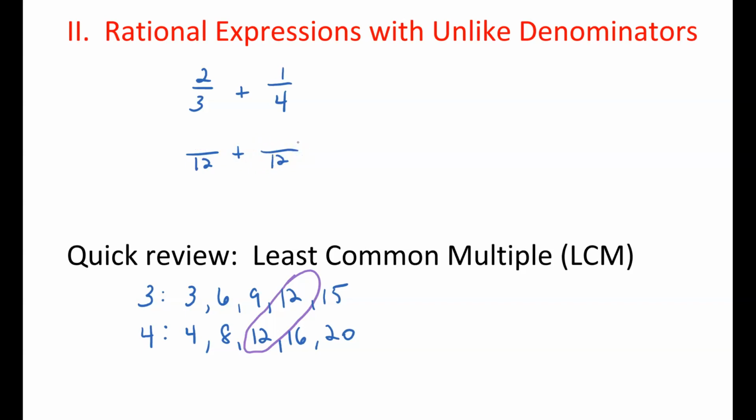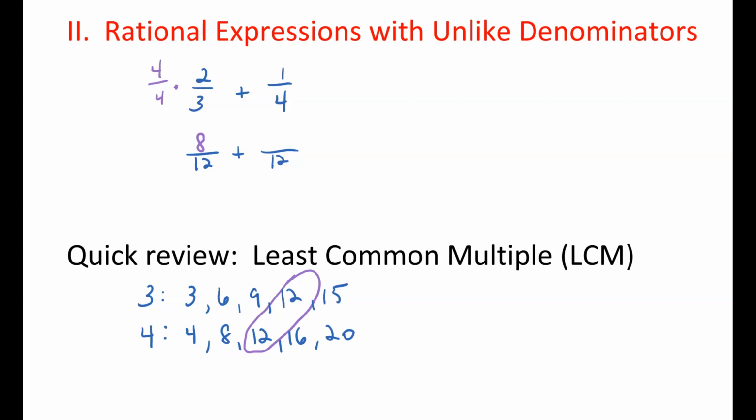All right, so for the 2/3, in order for the denominator to go from 3 to 12, we have to multiply it by 4. And if we multiply the denominator, we also have to multiply the numerator, and in the end we get 4 times 2, 8 over 12, right?